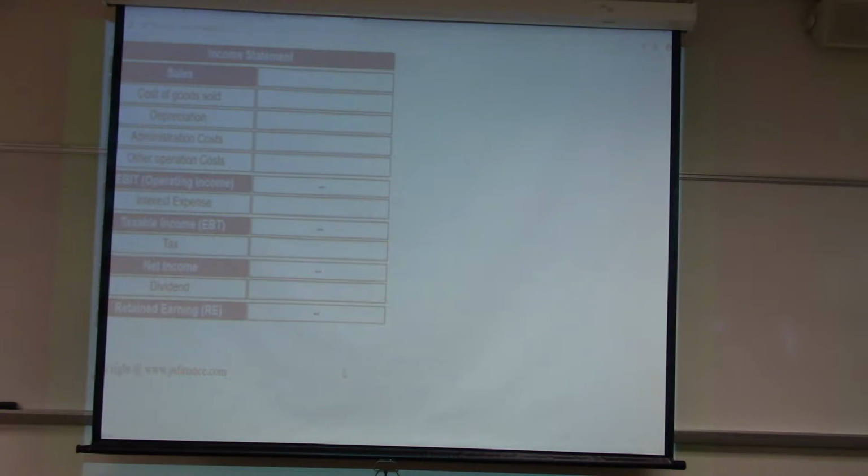Let's give it a try by reading the information. By the information given, you should be able to work it out. You see, so you can use this template. It's not that difficult to prepare the income statement. The major ones, see, you use sales minus cost of goods sold, minus depreciation, minus administration cost, and other operation costs.